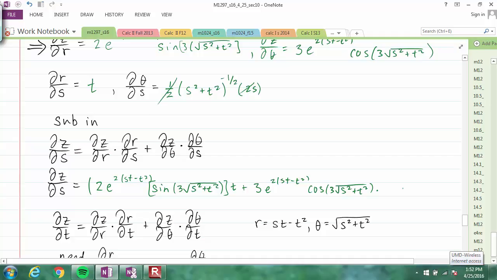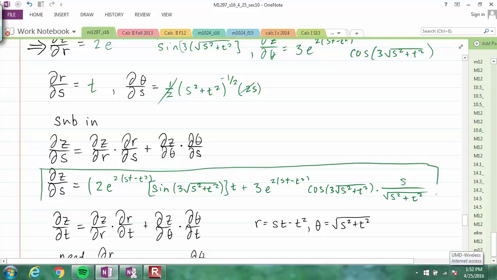Put the s on top and the root down low. It looks tempting to cancel those roots, but notice that that one is locked up in the cosine, so that's not something you should do. And that's that answer. So we still have the partial of z with respect to theta, or just kidding, with respect to t to do. But that's it for this recording.